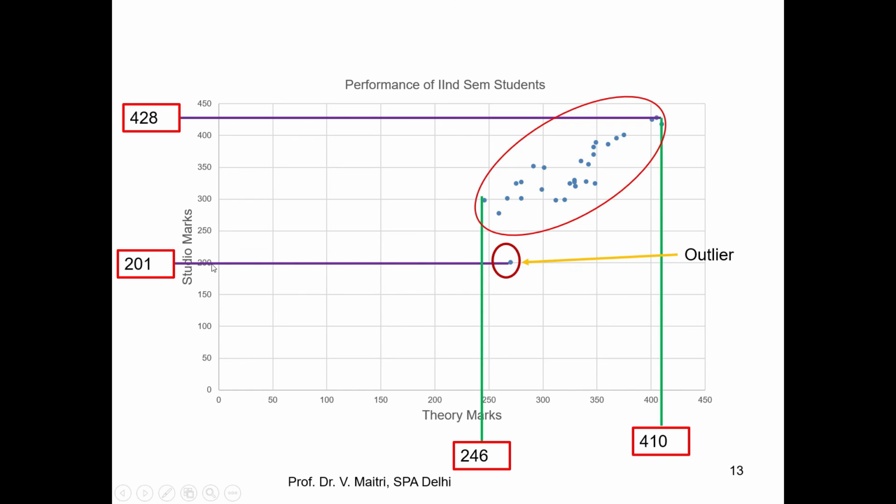In the studio I will go and check the 2 or 3 studio exercises. In which exercise is he not able to score well, or it seems that this person demonstrated very poor marks in all the 3 studios or all the 2 studios. So it means something has to be done for this student.